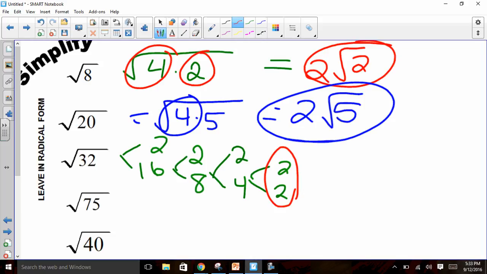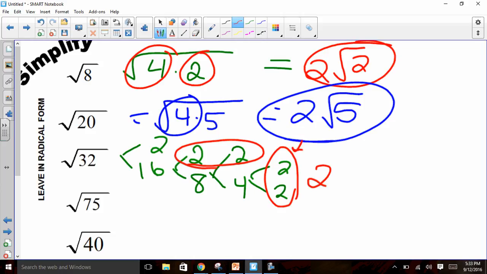When we start looking at more complex roots, we will look at more pairs of numbers or multiple pairs of those numbers. So because I'm dealing with squares, square is 2, I want 2. So I have one group of 2, I have another group of 2, and then I have a 2 left over. So for every group that I circled, one factor of those 2 gets to come out.